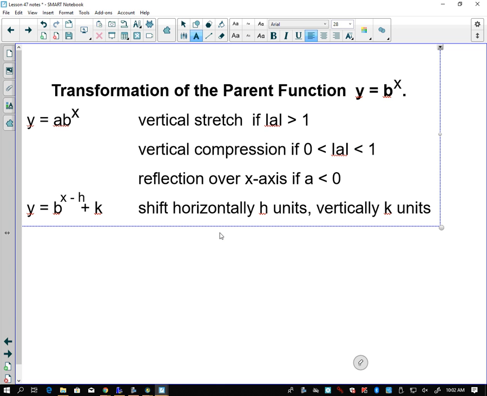If a is a fraction, it's compressing it. So you have both of those things at work. So if you're writing down notes, I'm sorry, you have to go back and erase, but you'll want to do that. And you'll see an example in example 3 of all of those things happening and seeing how those transformations take place.